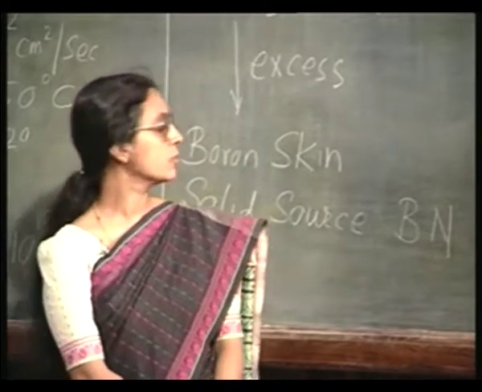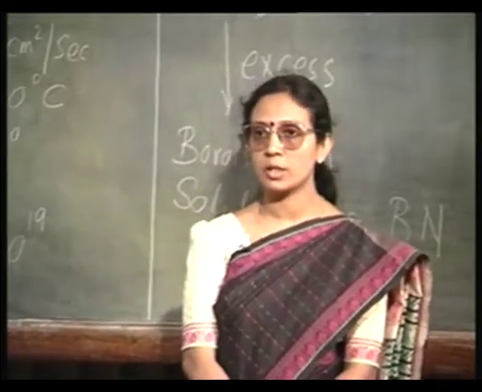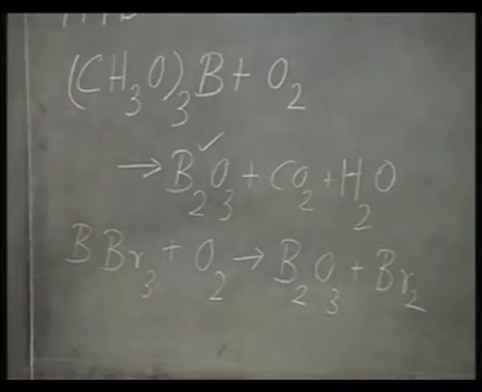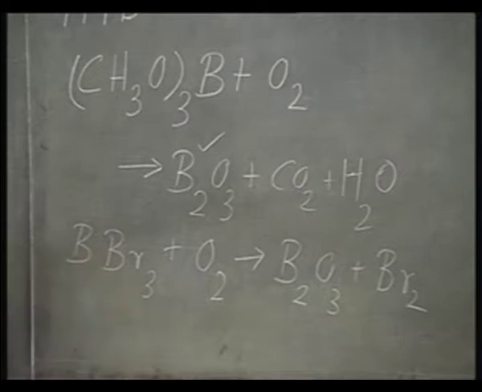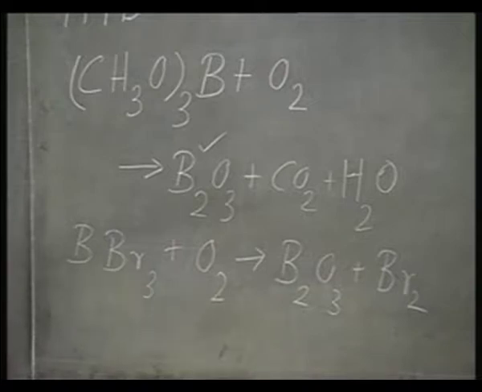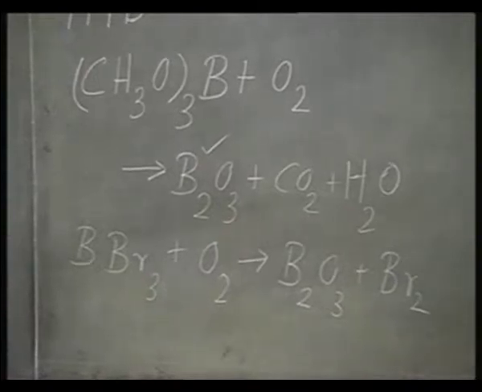So, therefore, you can use either solid source of boron nitride or liquid source of trimethyl borate or of boron tribromide. Now, boron tribromide, of course, offers you an additional advantage and a disadvantage also. That is because bromine is released due to this reaction.